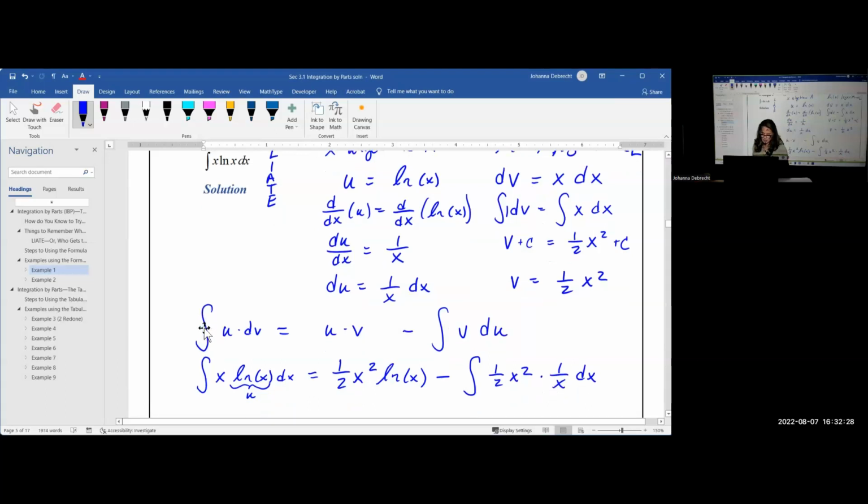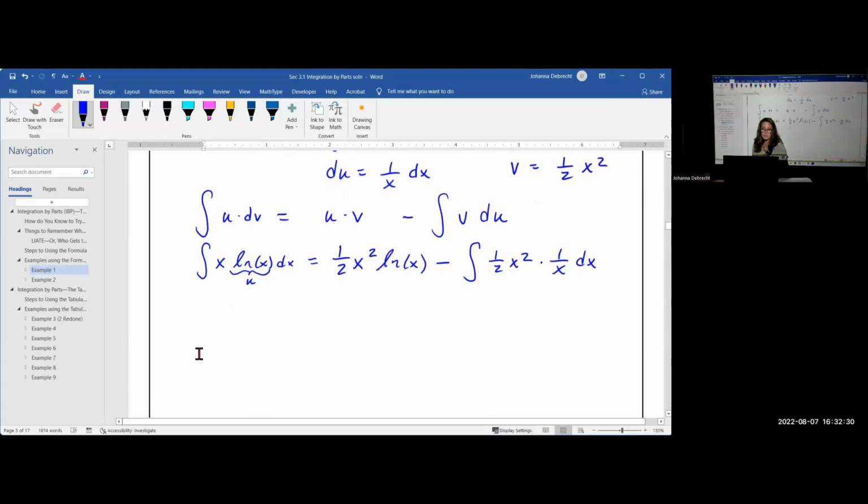Now, let's go ahead and complete this by integrating this integral that's on the far right. First, I need to do a little bit of algebra, right? I've got an x squared and division by x. So the first term stays the same. I get 1/2 x squared natural log of x following along, minus, well, I could pull that 1/2 out, right? It's a constant, it's not going to affect the value of the integral.